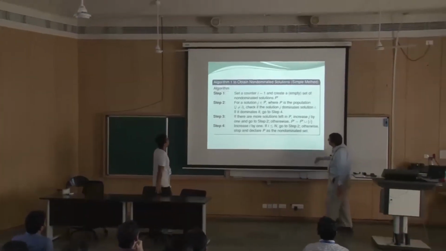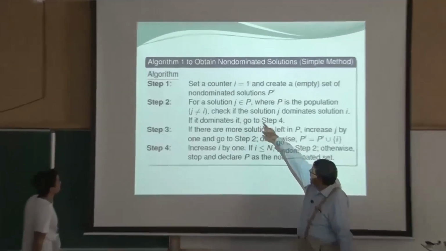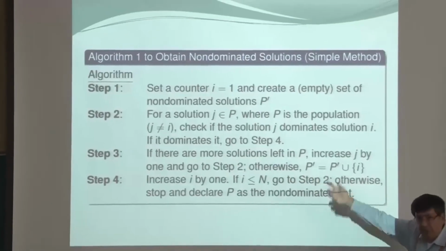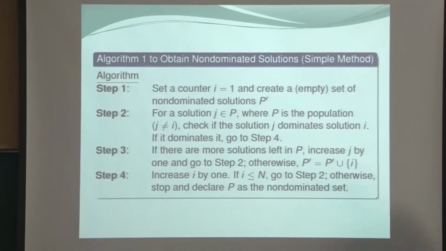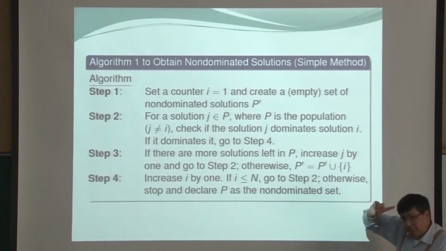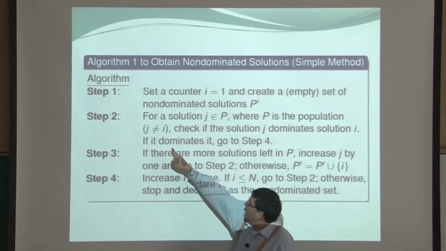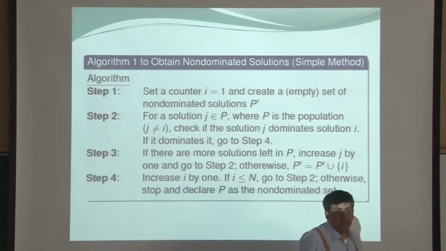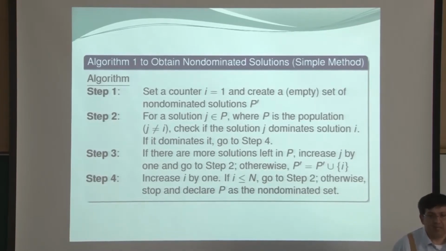Okay, so it says for a solution J that belongs to P, where P is the population, this is the 10 solutions we had, please pay attention to this: J is different from I, so if I is 1, J cannot be 1. Any other value is okay, except for 1.